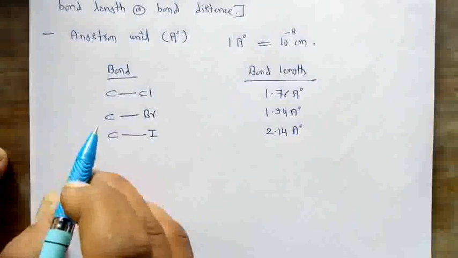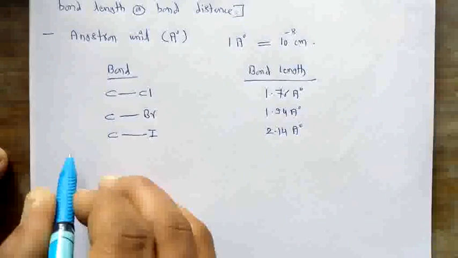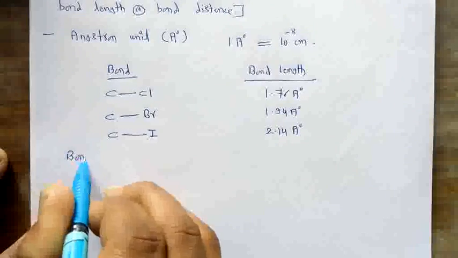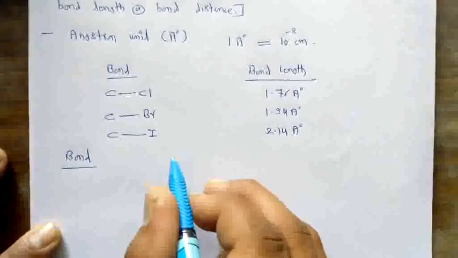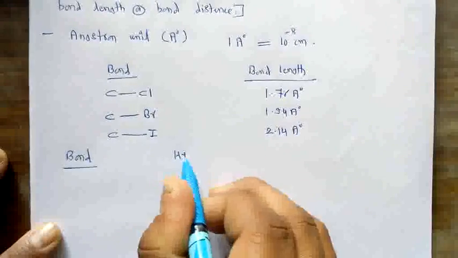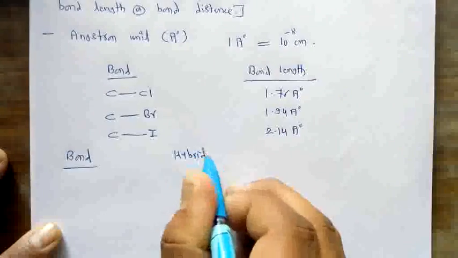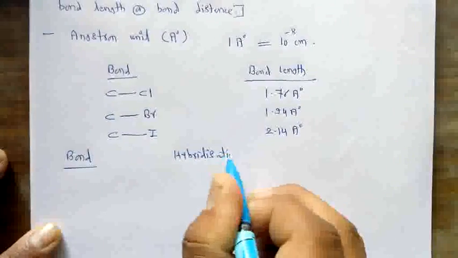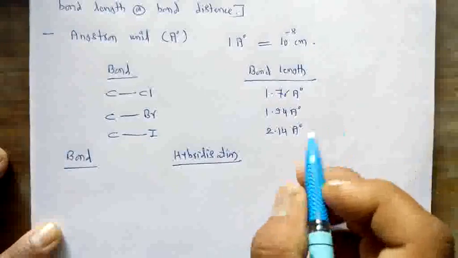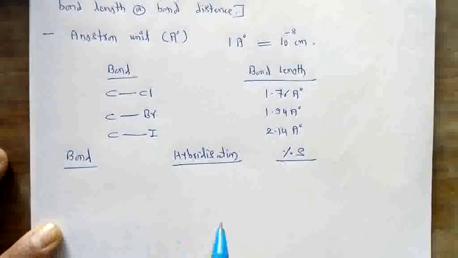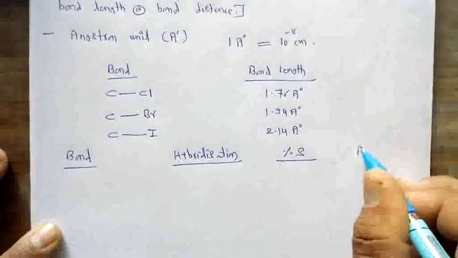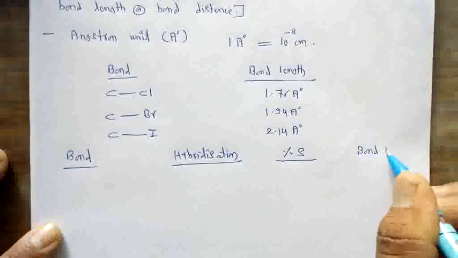Suppose we consider the different types of bonds, their hybridization, then the percentage of S character, and finally we have to consider their bond length.